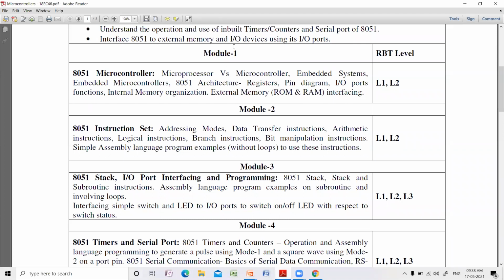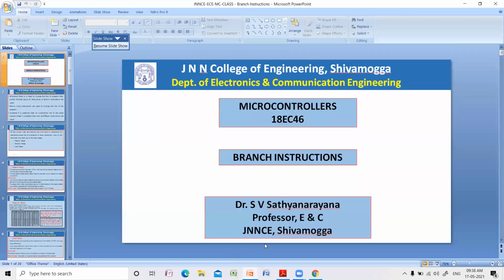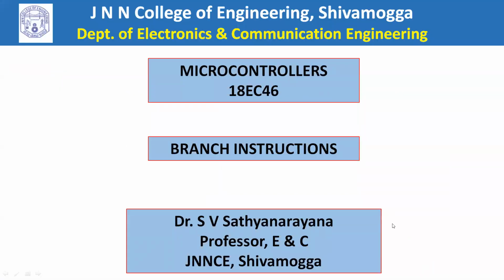Out of that, some of the branch instructions very informally we have seen in the last class, but a very formal discussion we shall do by taking various examples. So this is the presentation on branch instructions.